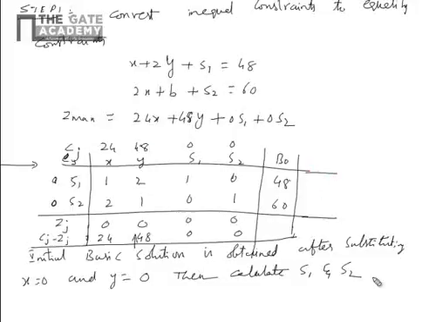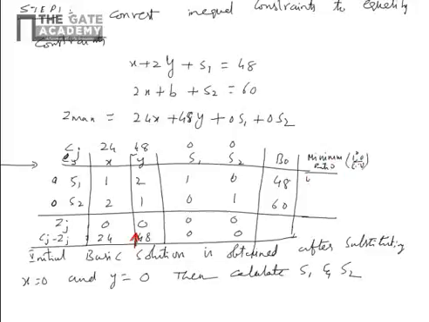This is called the entering vector. So this variable is entering, and it is also called the entering vector. Y is entering into the solution, and you divide b naught by the entering vector value to get the minimum ratio.